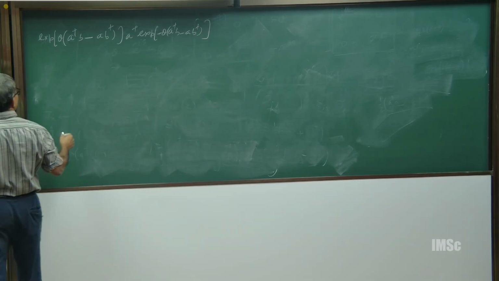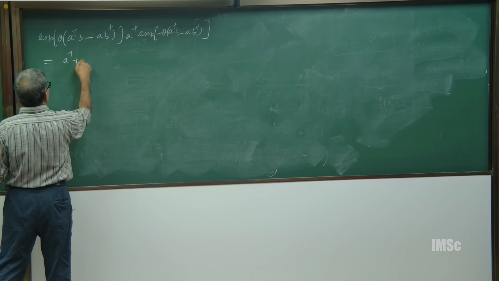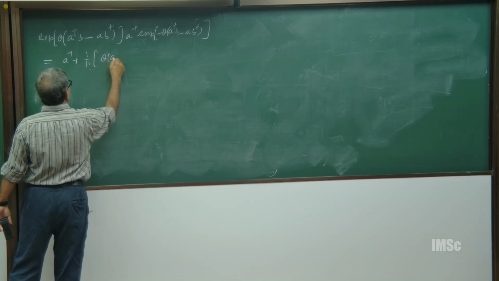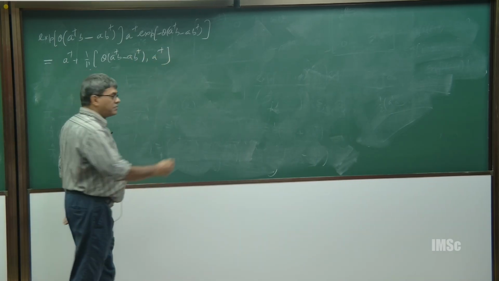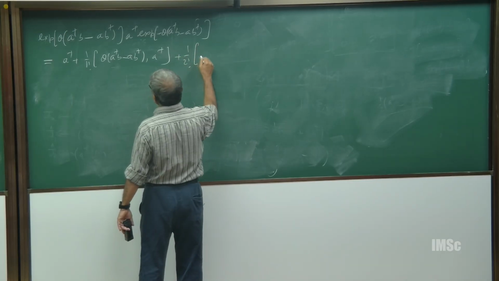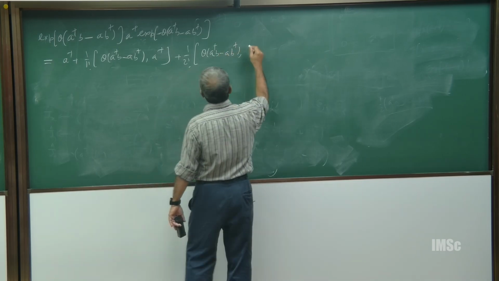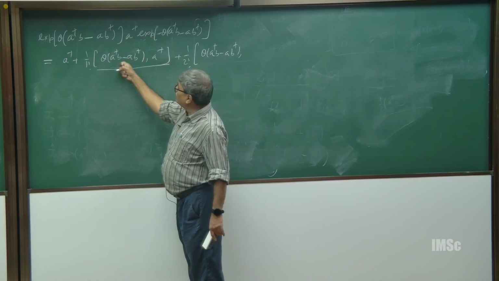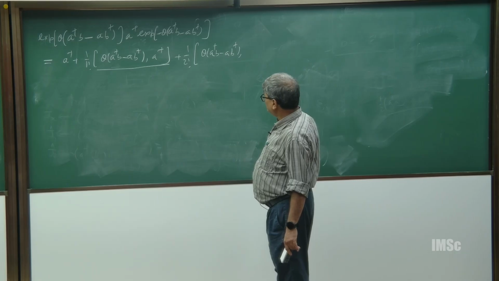Here we use the formula of Taylor series expansion: A dagger plus 1 by factorial 1 theta commutator of (A dagger B minus A B dagger) with A dagger, plus 1 by factorial 2 theta (A dagger B minus A B dagger) commutator again of this commutator. What is this value? It will come as minus B dagger. Right? Minus theta B dagger.